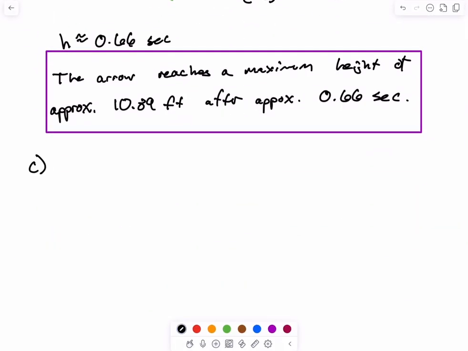So C, a y-intercept of 4 feet. Let's back that up.